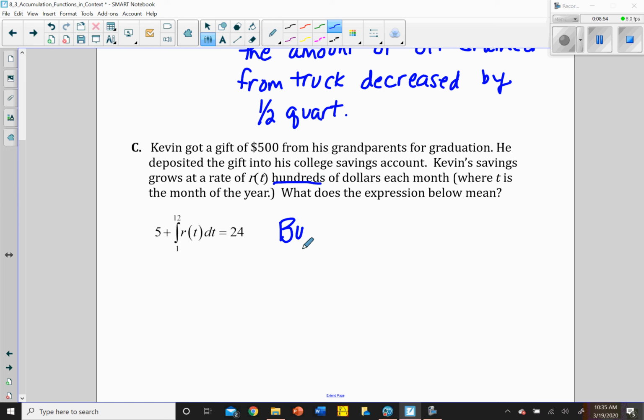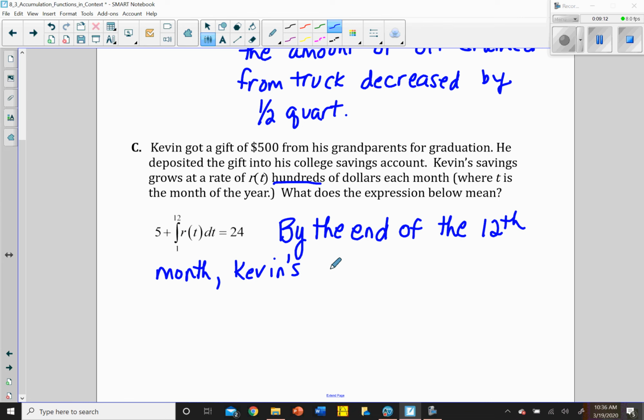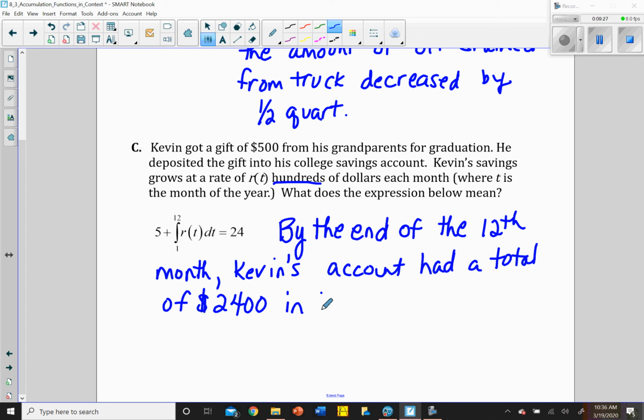So we could put that into words: by the end of the 12th month, Kevin's account had a total of $2,400 in the account.